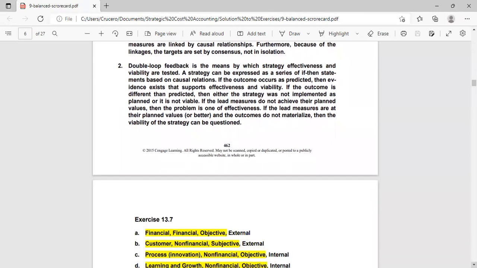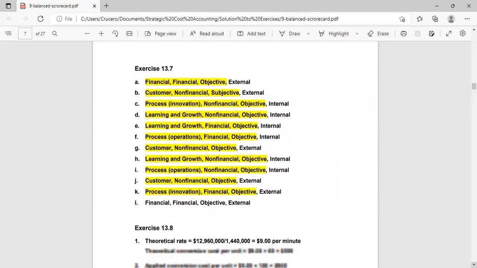Now we go to the next problem. Balanced scorecard perspectives, classification of performance measures. Consider the following list of scorecard measures: product profitability, ratings from customers, number of patents pending. All right, so 7.